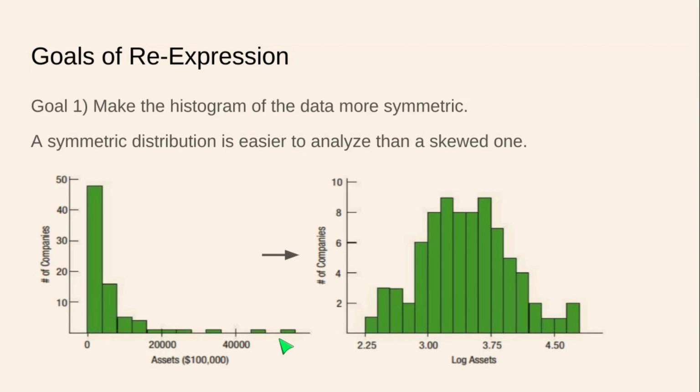So if I were to apply a logarithm to the assets on the x-axis, voila, I have this nice unimodal and symmetric distribution. Yeah, there's a little funny business over here, there's a little funny business over there, but logs are really good at taking big numbers and making them small, and taking really big numbers and making them almost as small, bunching the data into this nice shape.